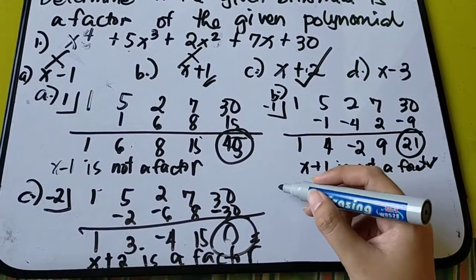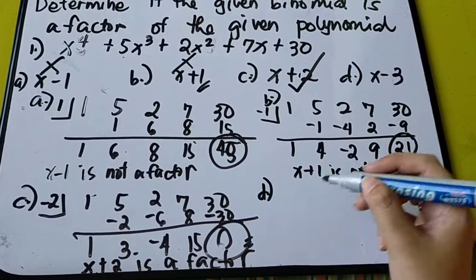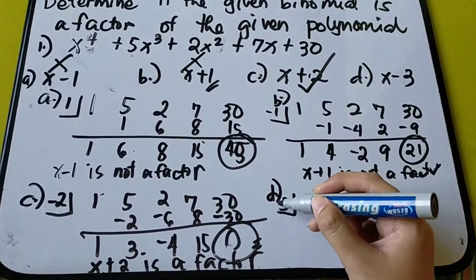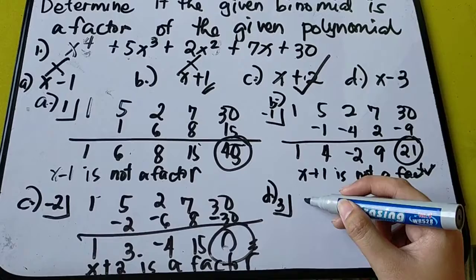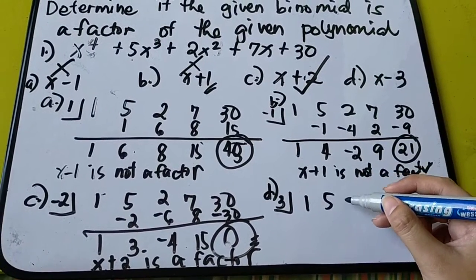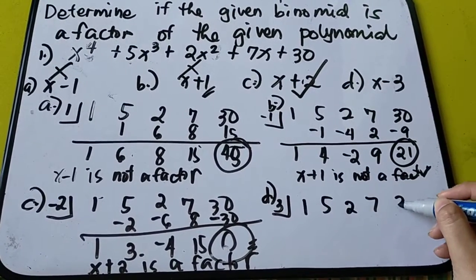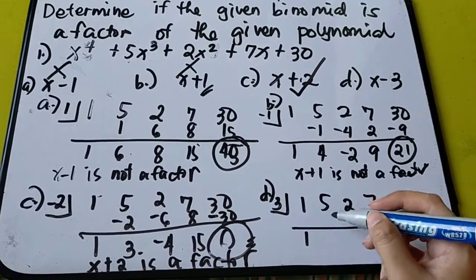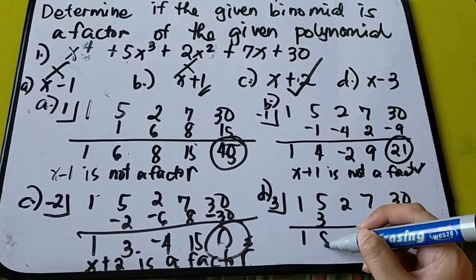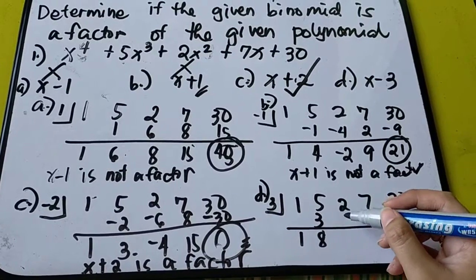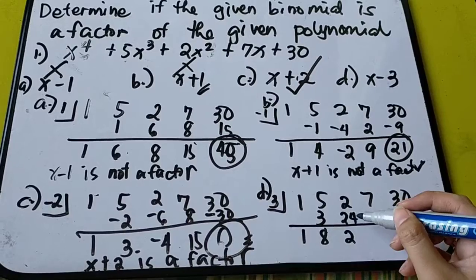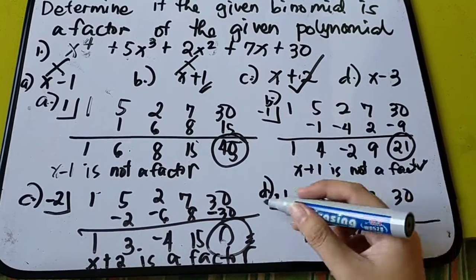Next tayo, let us have the last one, D. So, ang gagamitin naman natin is positive 3. Then, write all the numerical: 1, 5, 2, 7, and 30. So, we have bring down 1 times 3. We have 3. Add. We have 8 times 3. That is 24. So, this one is 26 times 3.